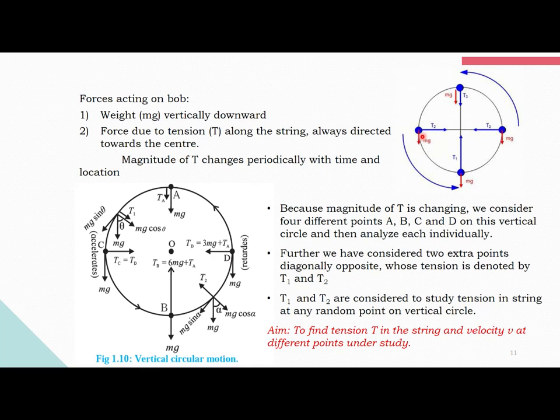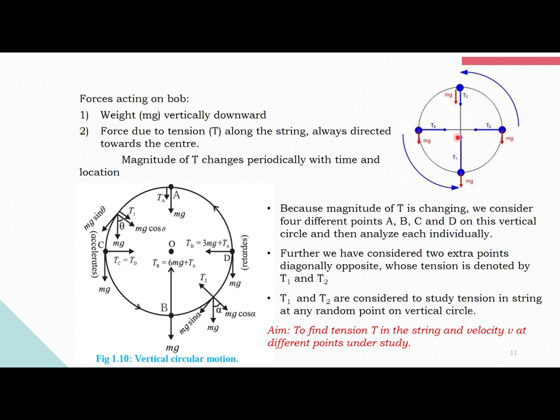We can see that these are T1 and T2. These are tensions and they are directed towards the center. Because the magnitude of T is changing.